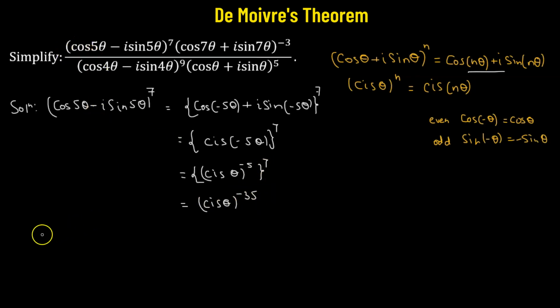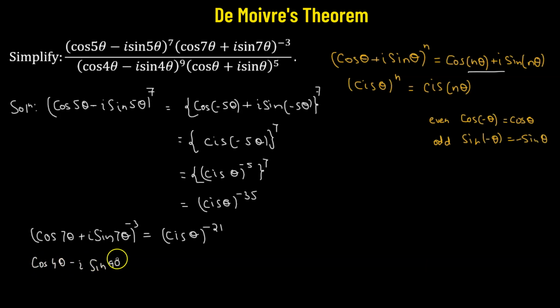Now similarly, we can simplify our other expressions as well. So we have (cosine of 7 theta plus iota times sine of 7 theta) whole raised to the power of negative 3. This should give us cis of theta whole raised to the power of negative 21. You can check it by using the same steps that we used in the previous one. And then we have (cosine of 4 theta minus iota times sine of 4 theta) whole raised to the power of 9.